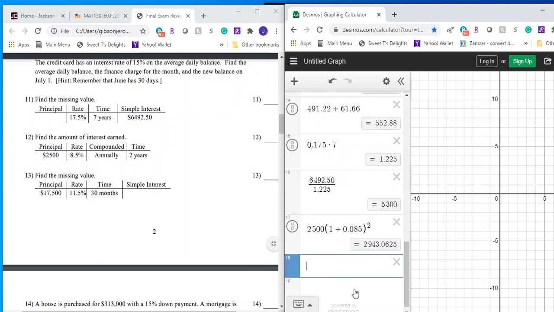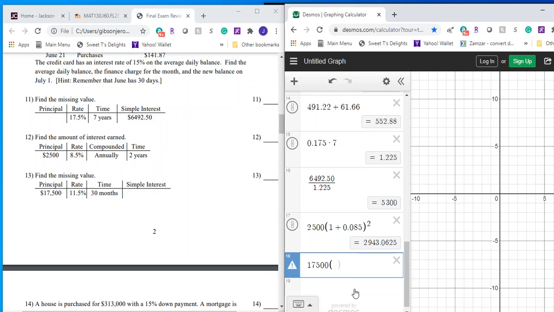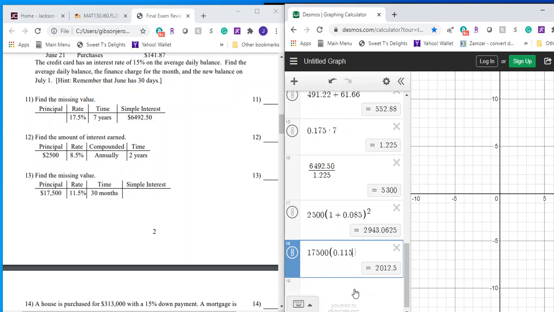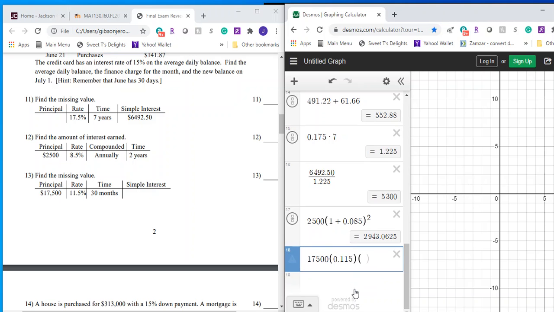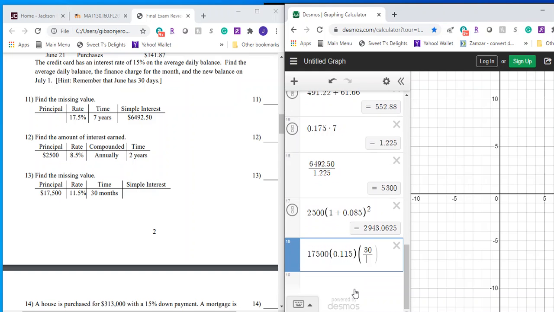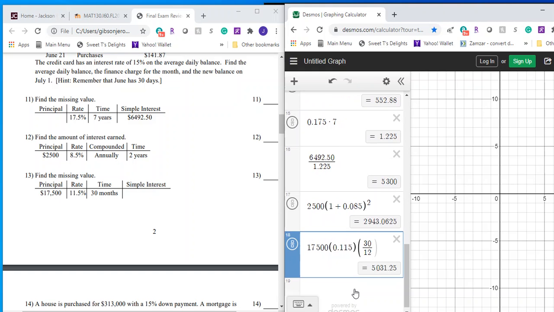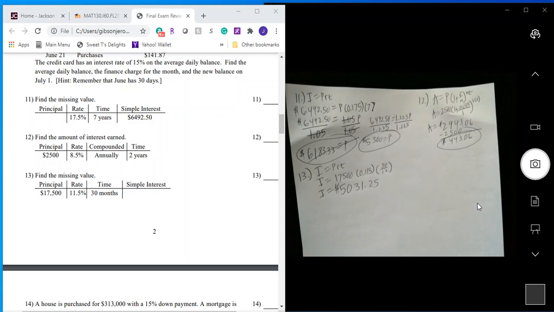So we will have 17,500 times 0.115 times 30 divided by 12. So that would give us $5,031.25. All right, so that took care of problem number 13.